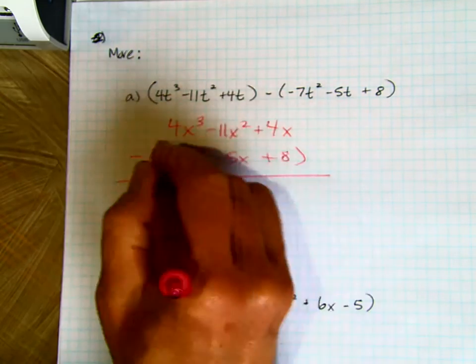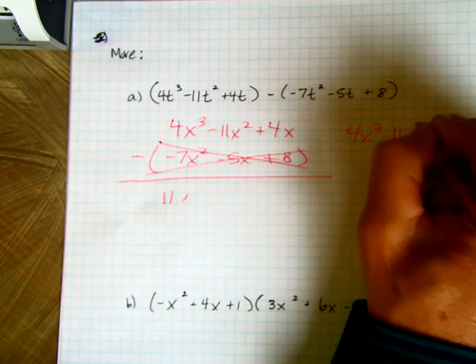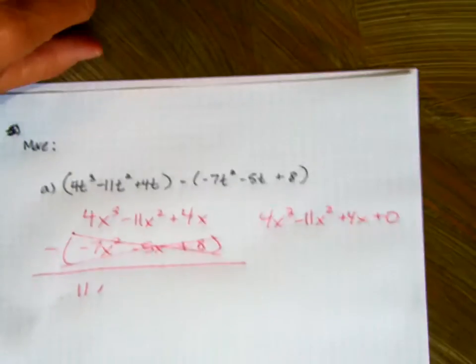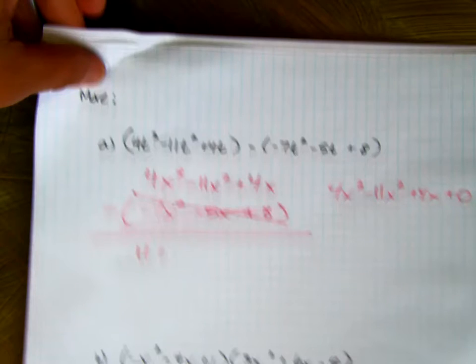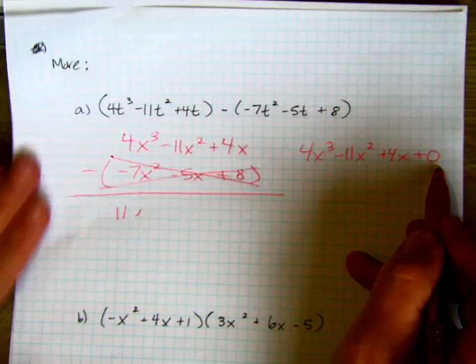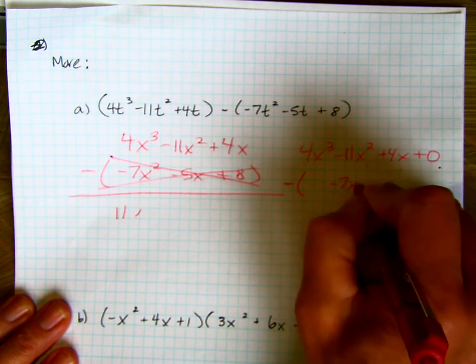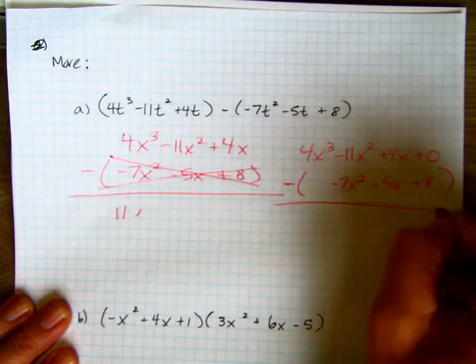I wrote that in the wrong line, didn't I? Because I'm trying to be quick about this, which is not a good thing. 4x cubed minus 11x squared plus 4x plus 0, I'm going to keep everybody's place, minus a negative 7x squared minus a 5x plus an 8.